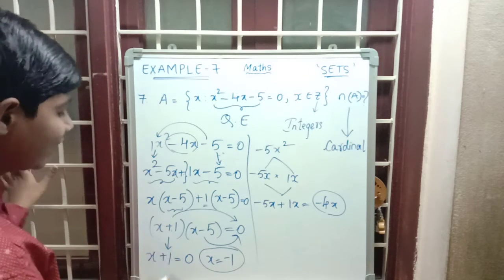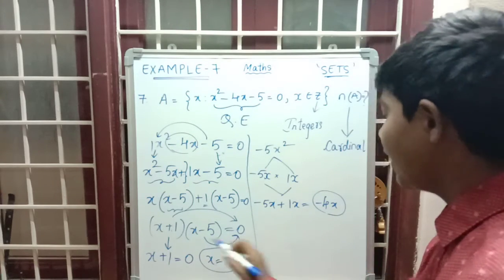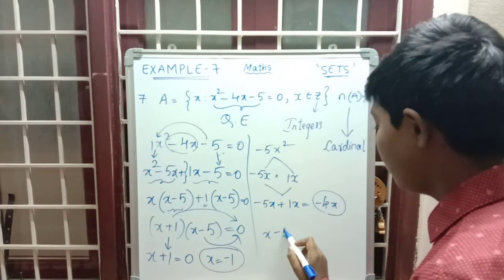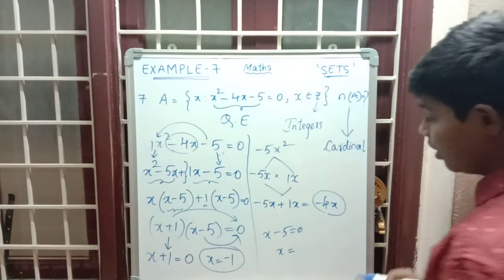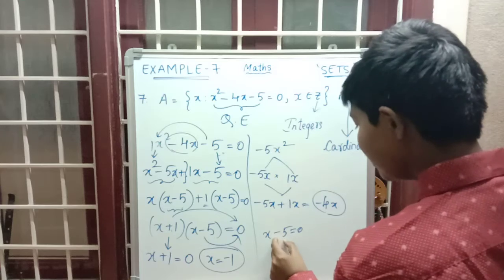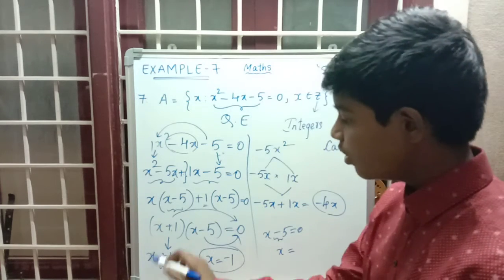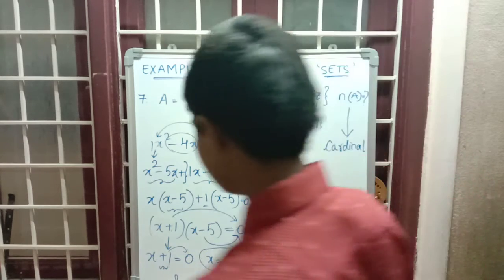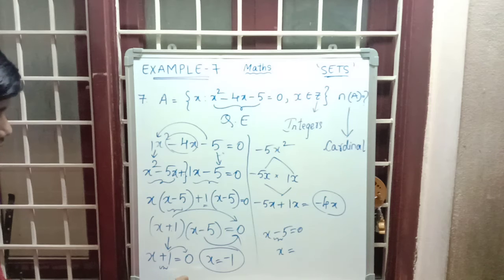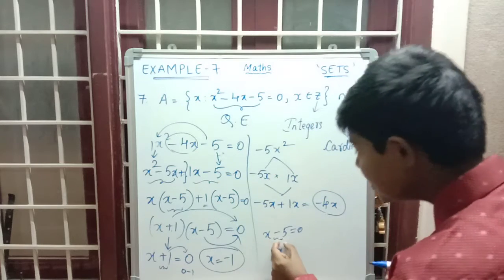In the first case. If x minus 5 is equal to 0, then what will be the value of x? We have to consider this sign also. Here the sign is negative.